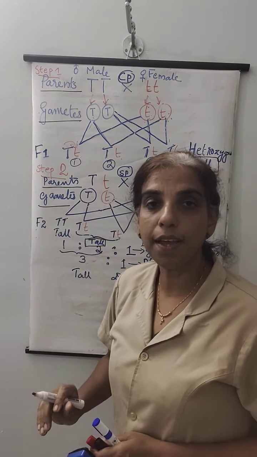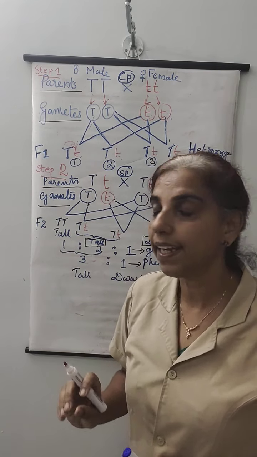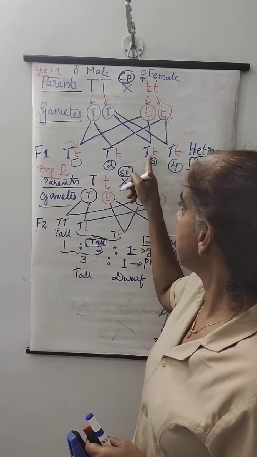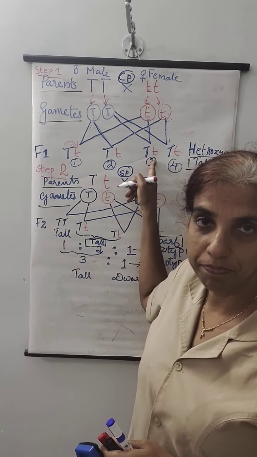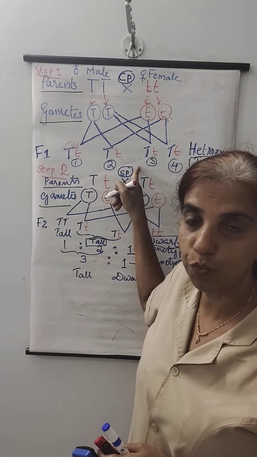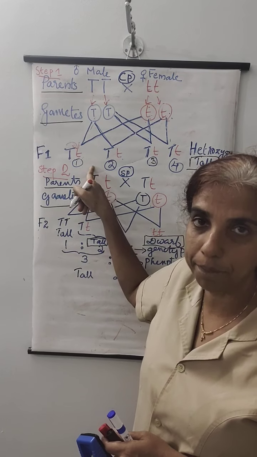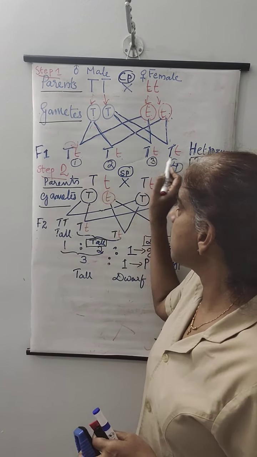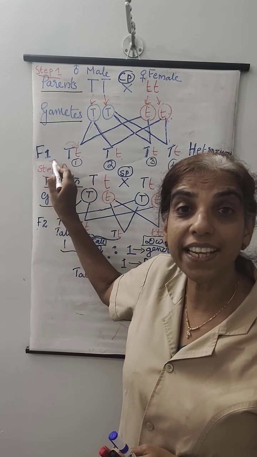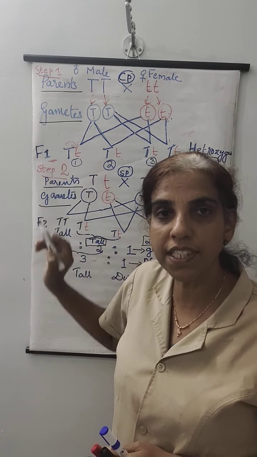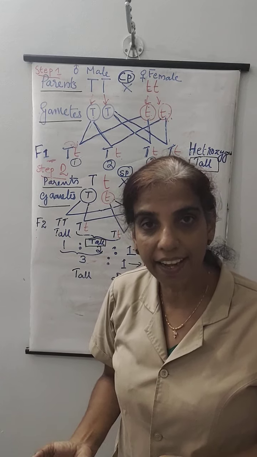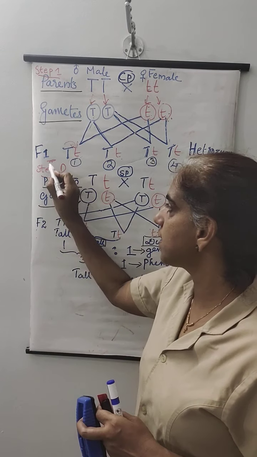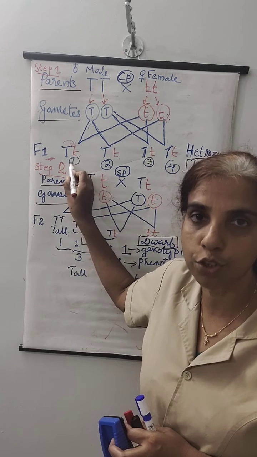Now in the second step, Mendel had taken the same generation, same plants which were formed in the first step, and all these plants are called first generation plants, F1. F stands for filial. First generation plants, F1 plants, all were tall.